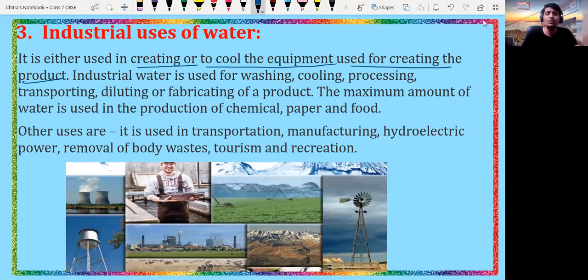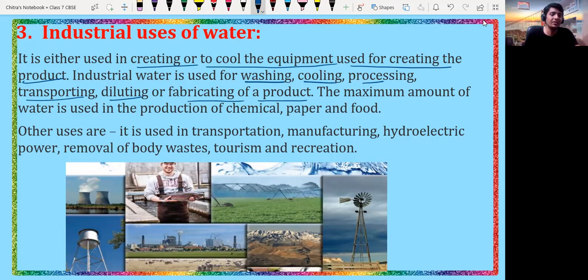The industrial use of water is nothing but the use of water in various industries, for washing, cooling, processing, transporting, diluting, or fabricating a product.